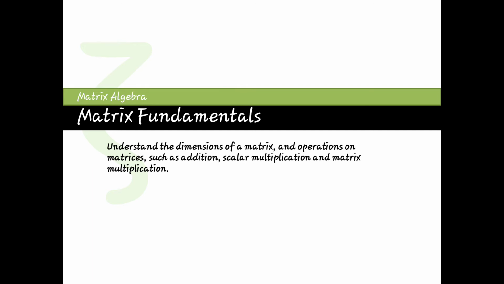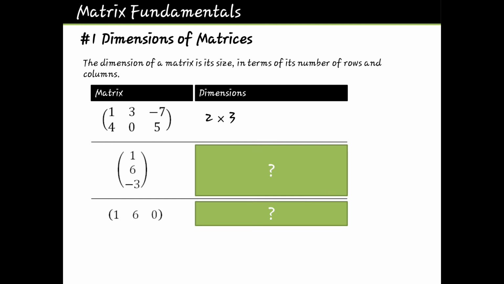Matrix multiplication means a matrix can be multiplied by another matrix. Addition means we can add a matrix to a matrix.